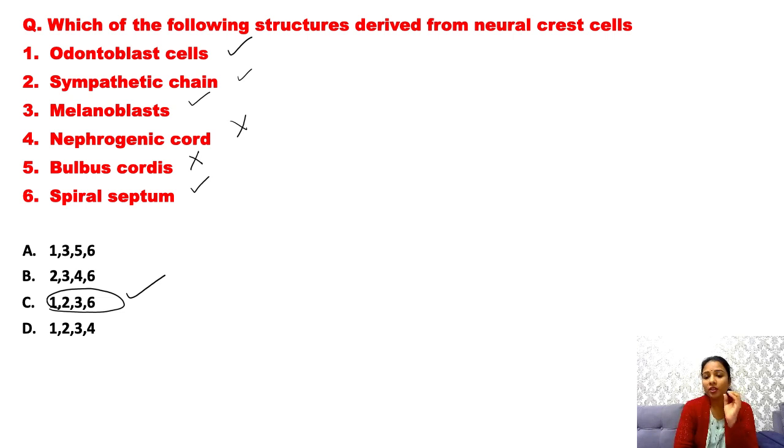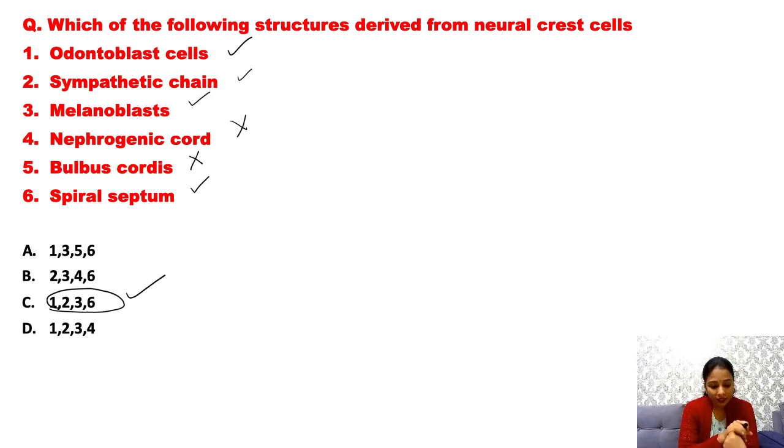When it is forming the neural tube, the tips of the groove or the tube get separated from the tube and form a separate cluster of cells which lie dorsal to the neural tube, just below the developing surface ectoderm. These clusters of cells are called neural crest cells, which differentiate to form several structures in our body. That is the reason it is considered to be the fourth germ layer.